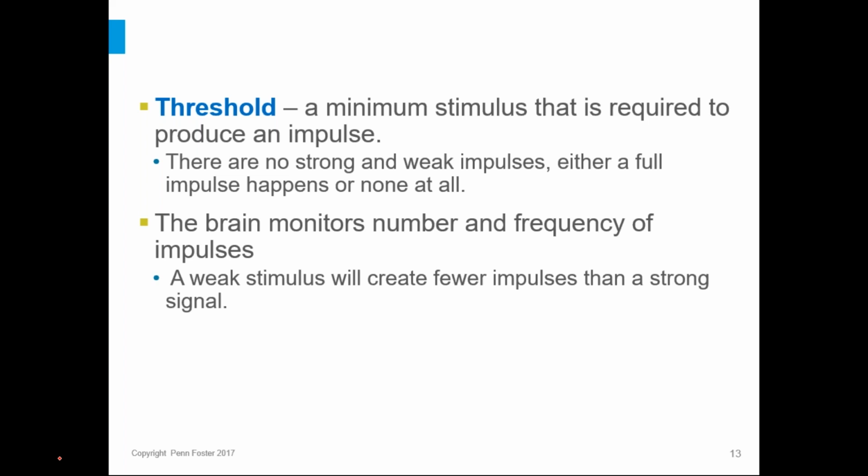A weak stimulus, such as touching lukewarm water, will have fewer impulses than a strong signal such as touching boiling water, which would set off many more neurons with very quickly repeating impulses.